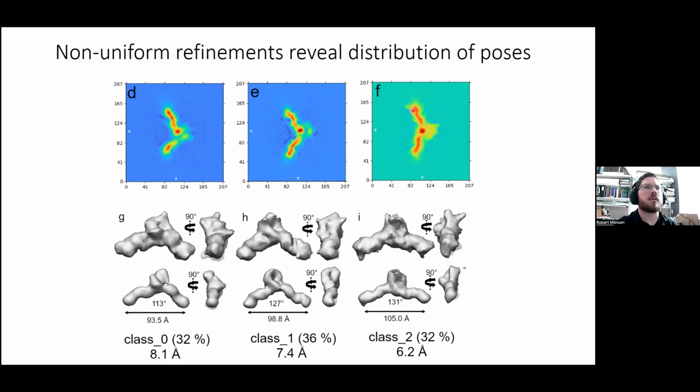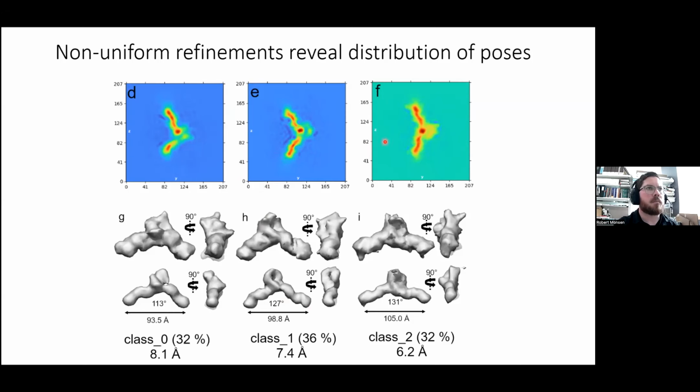You can clearly see 2 duplex handles as expected on either side of a very globular, very central density, which we take to be the quadruplex because we know it's stable and very globular. You can also see a washed out looking density that we attribute to probably the poly dT region, which makes sense from the SAXS data, that it would be protruding in one direction away from the axis of the helix. This really confirmed that the quadruplex is sitting between these 2 arms.